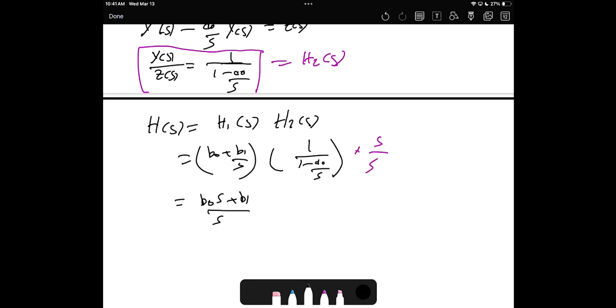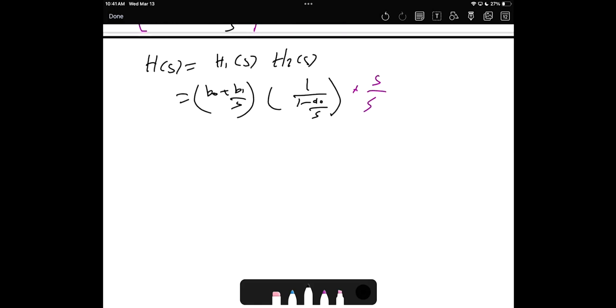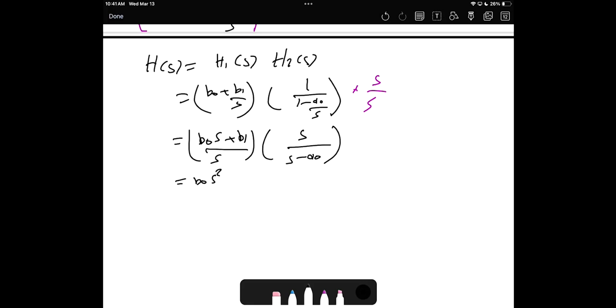That's s over s. Then the other one, which will be s over s minus a0. Okay? Does this make sense? Then let's do more simplification, which is going to be b0 s squared plus b1 s divided by s squared minus a0 s. This is H of s, which is again the relationship between output and input.